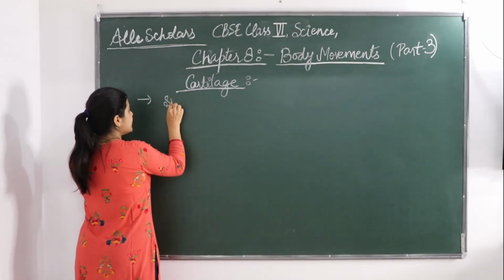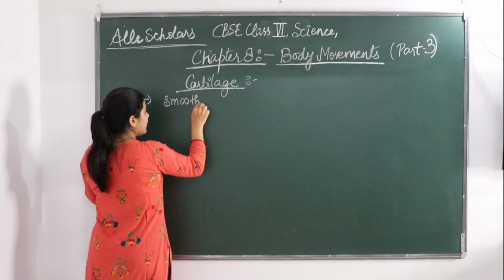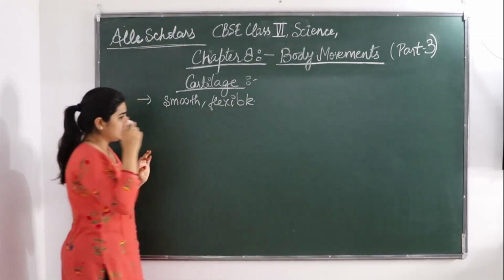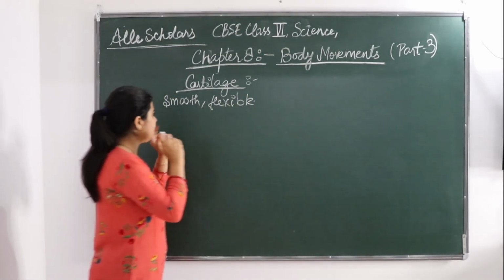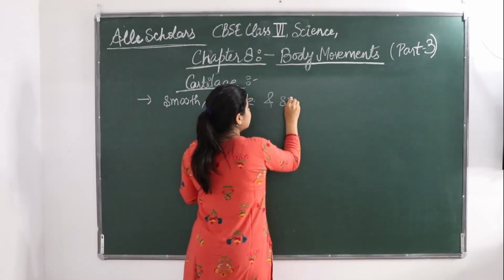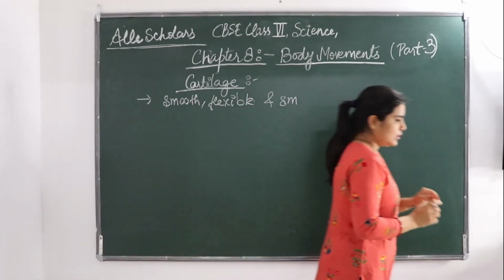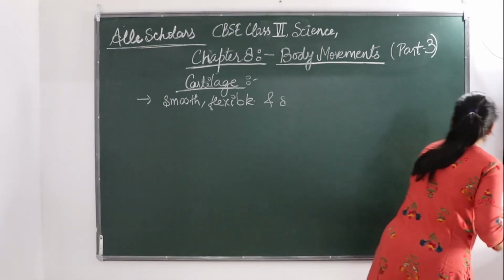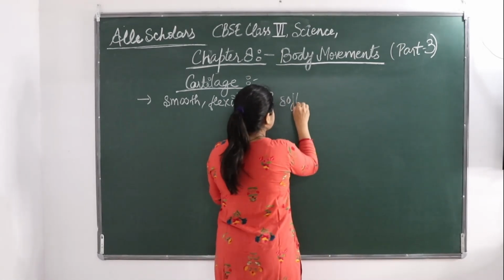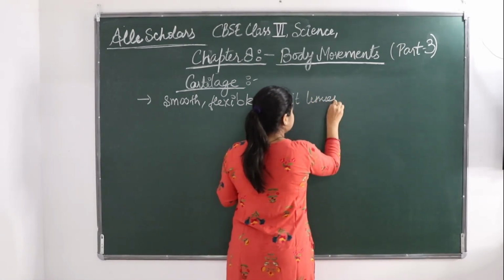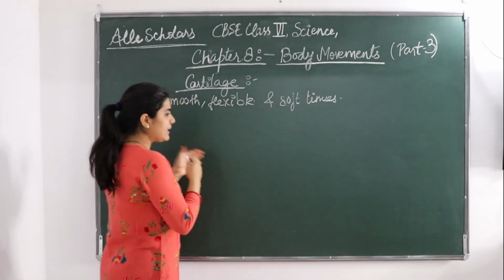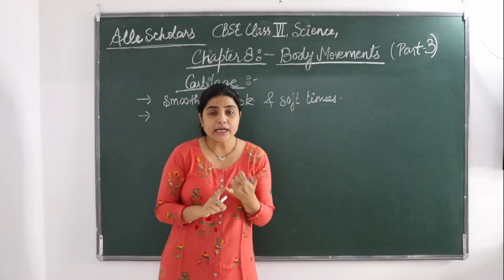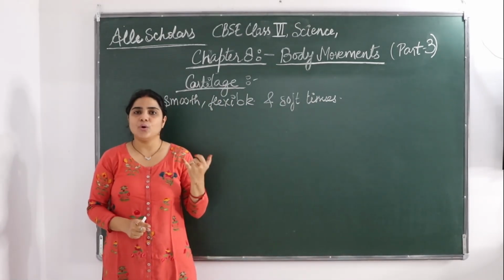So what is cartilage? Cartilage is smooth, flexible, meaning very elastic, soft tissue. Look, they are so flexible. Next, if we compare cartilage with our bone, it is softer than a bone.